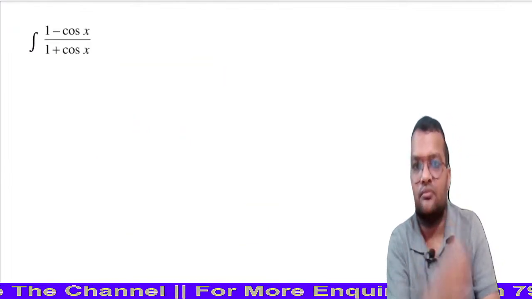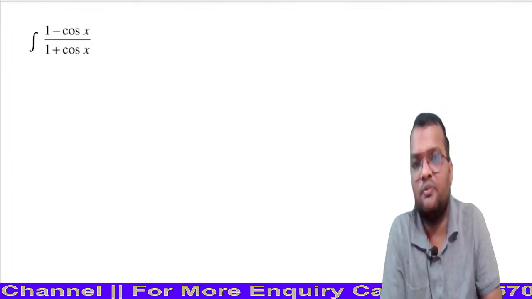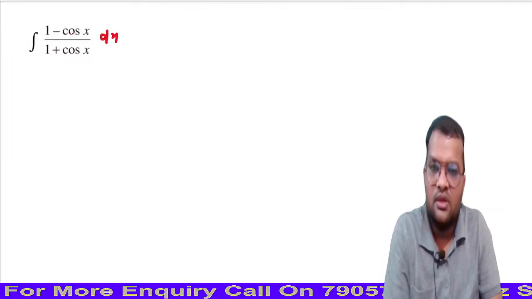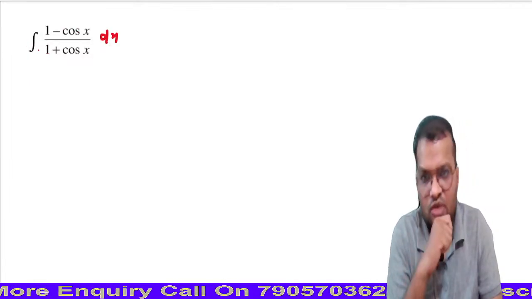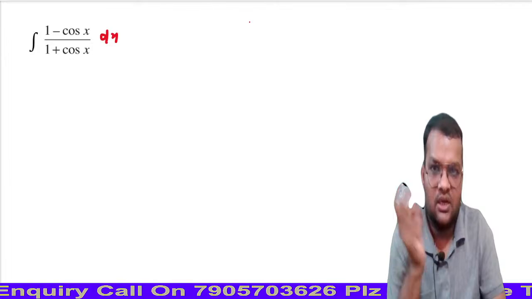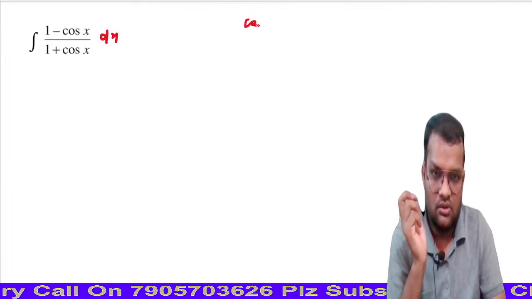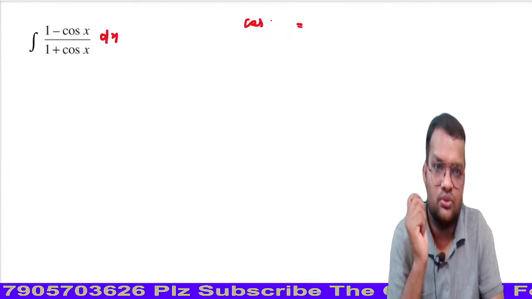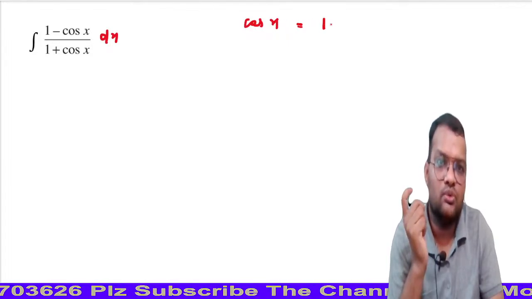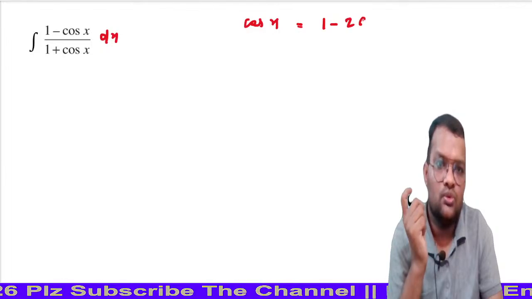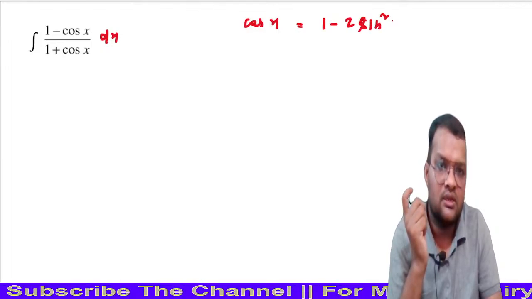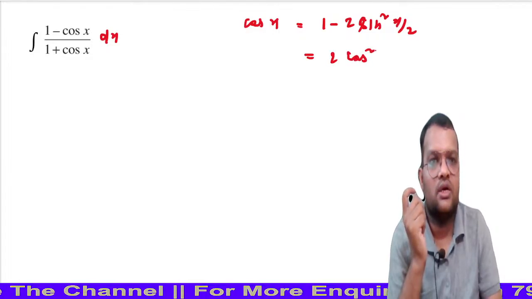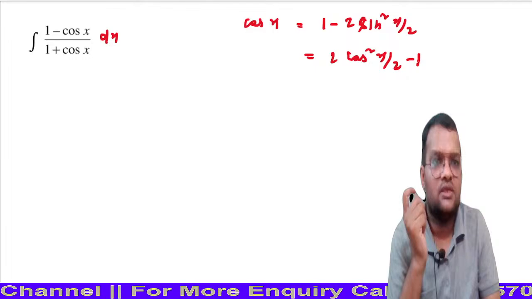Next question: integration of (1 minus cos x) upon (1 plus cos x). First you need to remove the 1 in the numerator and denominator both, by using the formula for x by 2. You know cos x is equal to 1 minus 2 sin square x by 2, or 2 cos square x by 2 minus 1.